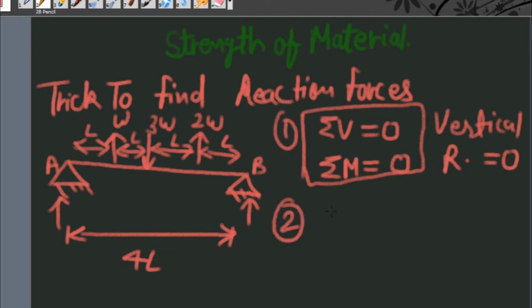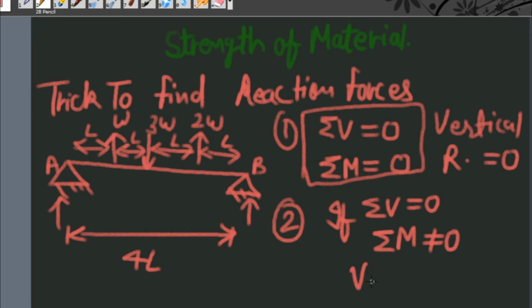And case number two, if the summation of vertical forces is 0 but the summation of moment is not equal to 0, then the vertical reactions are not equal to 0, and they will be equal and opposite in direction. So keep it in mind. By these two cases we will find the reaction forces at both ends.